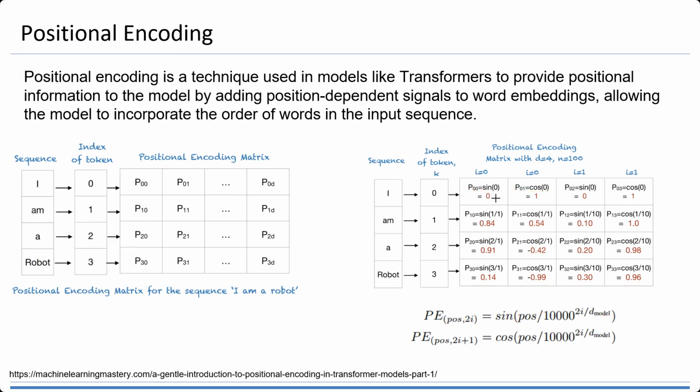Then in this case, we have the sinus of position. So the position is 0, okay, divided by 10,000. So in this example, I think they use 100. And then you do the exponent 2i divided by the D model.